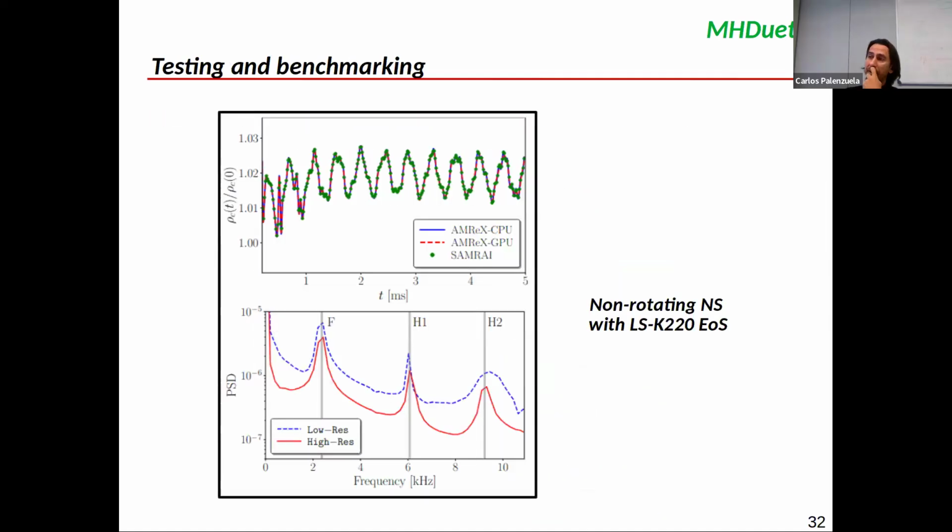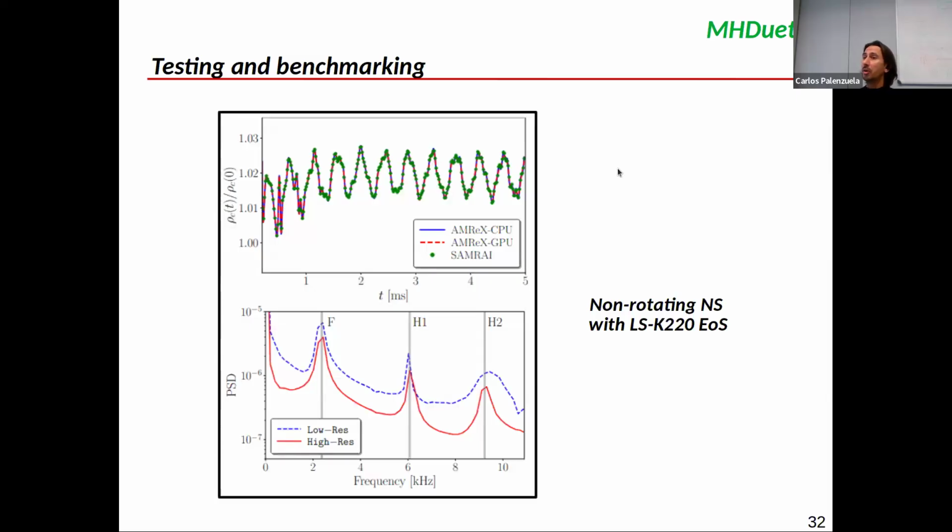So with this Simflowny platform, we generated the same code solving the GRMHD equations in SAMRAI and in AMReX. One of the first tests that we did is to solve non-rotating neutron stars with a realistic, microphysical equation of state, where we know what the quasi-normal modes are. At the top, I am showing the density as a function of time at the center of the star.